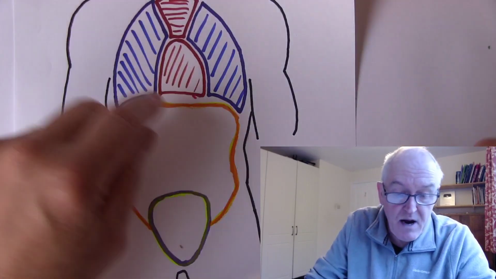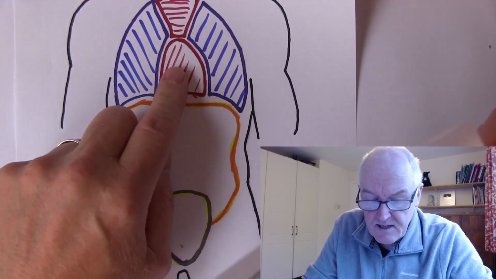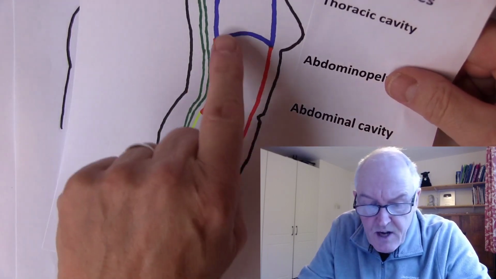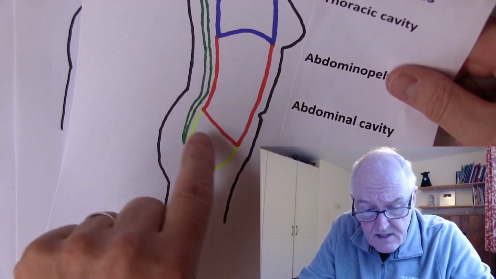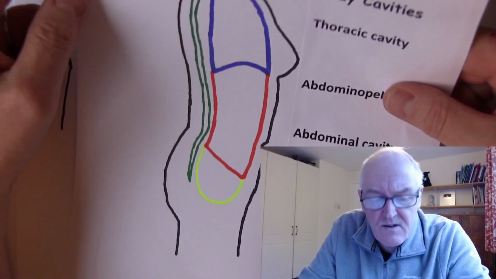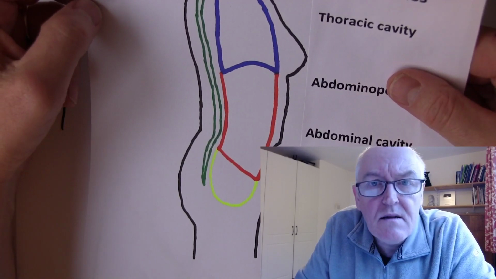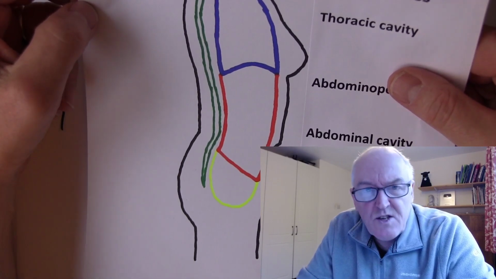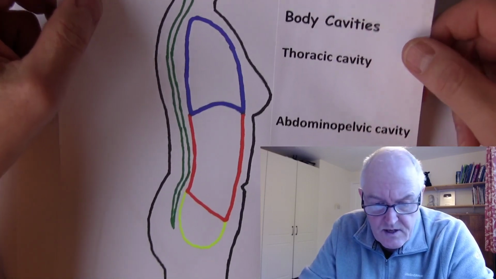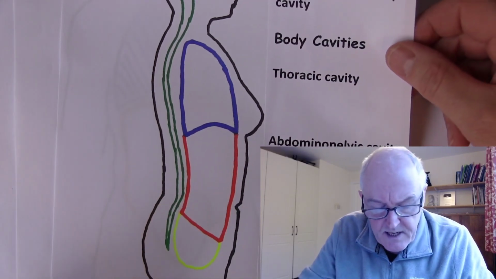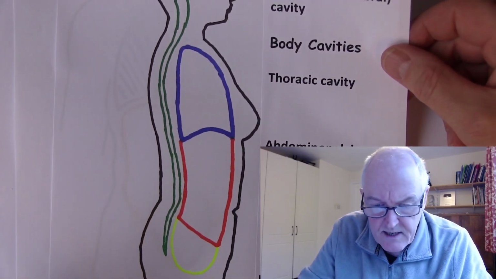We've already noted the pericardial membrane surrounding the heart. And in the abdominal cavity, and indeed in the pelvic cavity to some extent, we're going to have the peritoneal membranes, which of course become inflamed in peritonitis, for example. So tune in for the next video for that interesting next episode.